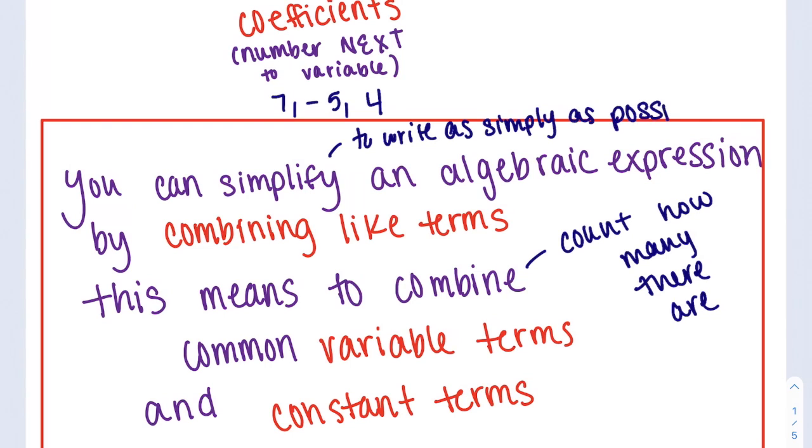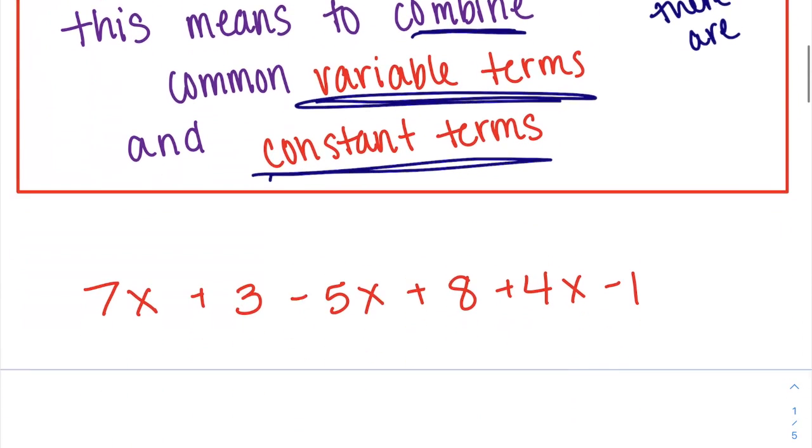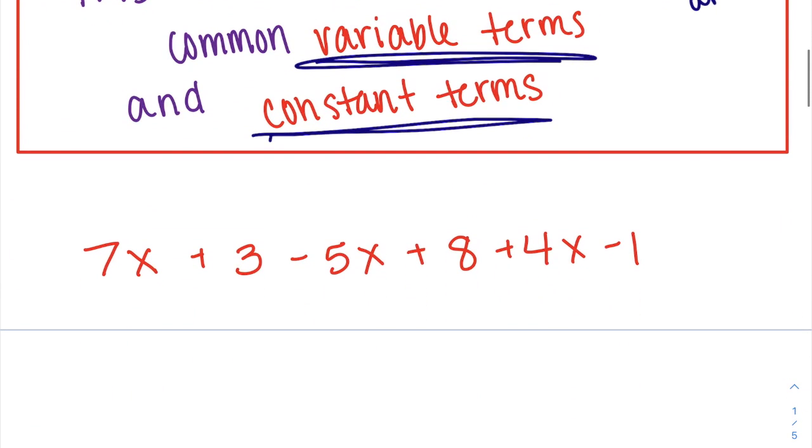I'm trying to write these math sentences as simply as possible, meaning I want to use the least amount of words or the least amount of terms that I can. And I'm going to do that by combining or counting up the variable terms that I see and the constant terms that I see. So let's do that example from what I put at the top.